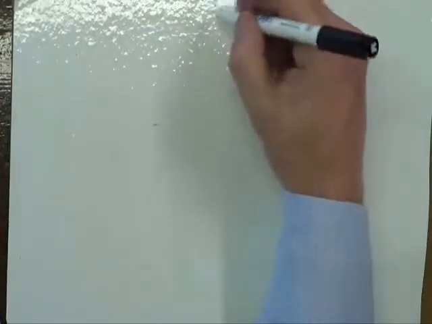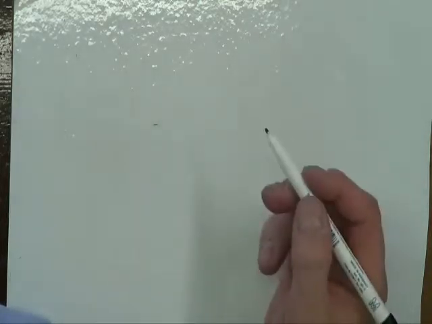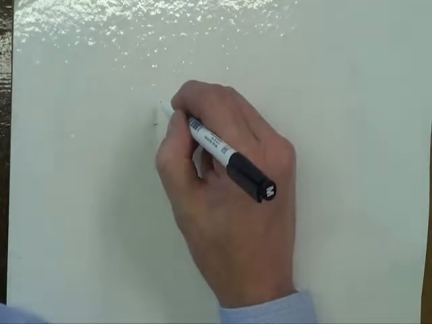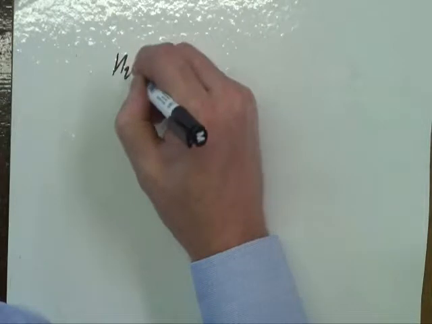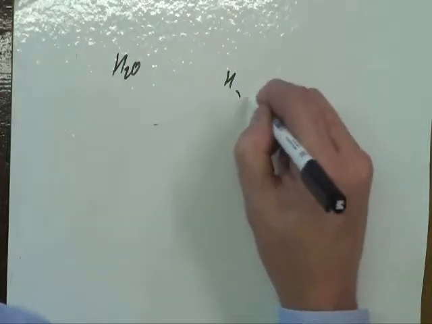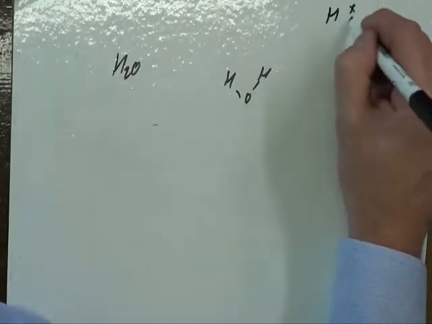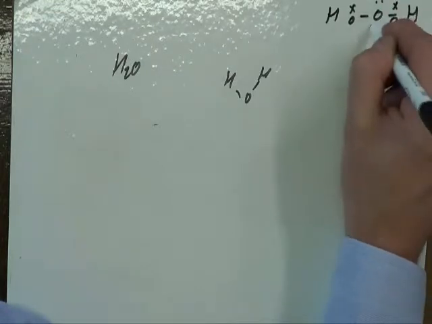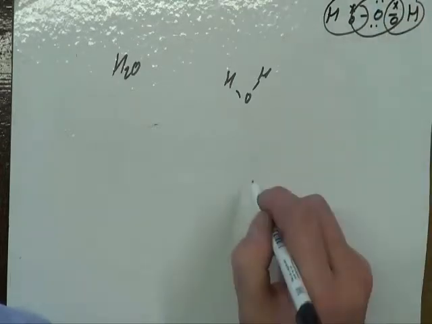Okay? Well, let's have a look at the reason for that. We'll have a look at something very simple like molecules of water. So molecules of water are H2O, and they're bonded like so. And if you remember your dot cross diagrams from previously, that's the bonding in a molecule of water.